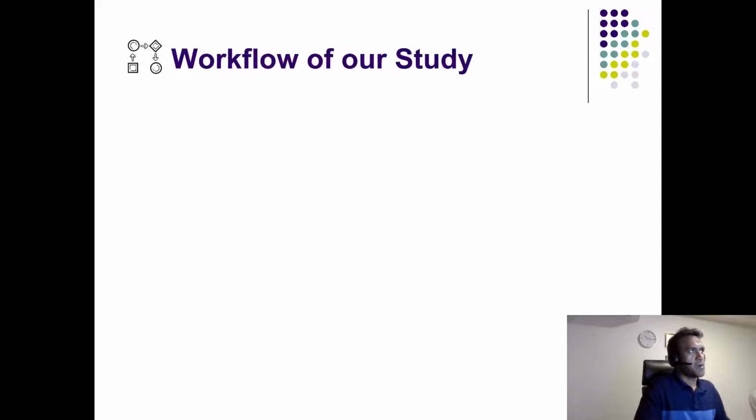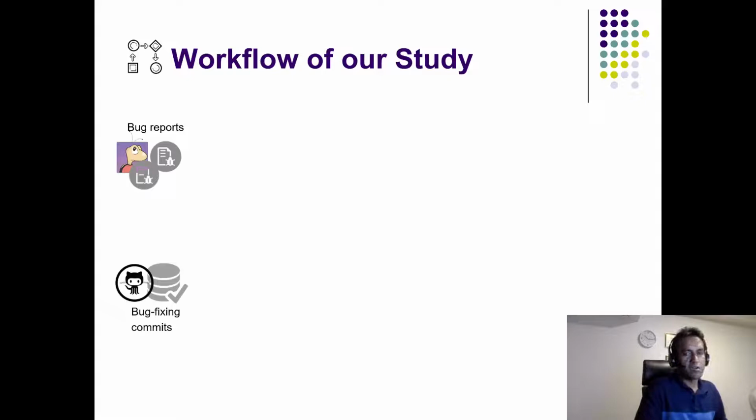And this is our workflow. First, we collect thousands of bug reports from the bug tracking system. And then we also collect bug fixing commits from the version control system. And then we try to do the linking between these two. And we also do a lot of filtration.